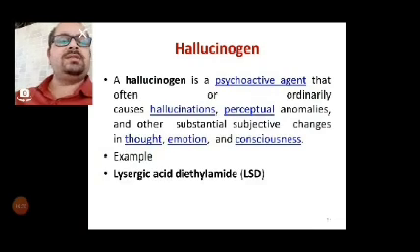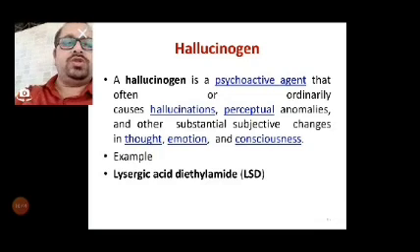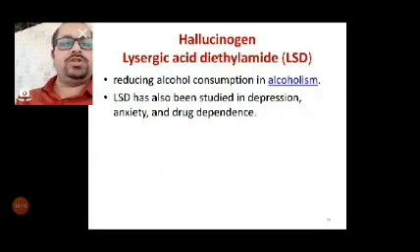LSD means lysergic acid diethylamide; lysergic acid derivatives are used as hallucinogens. LSD reduces alcohol consumption in some alcoholics, so it is used to treat alcoholic patients. It reduces the alcohol consumption in alcoholism.